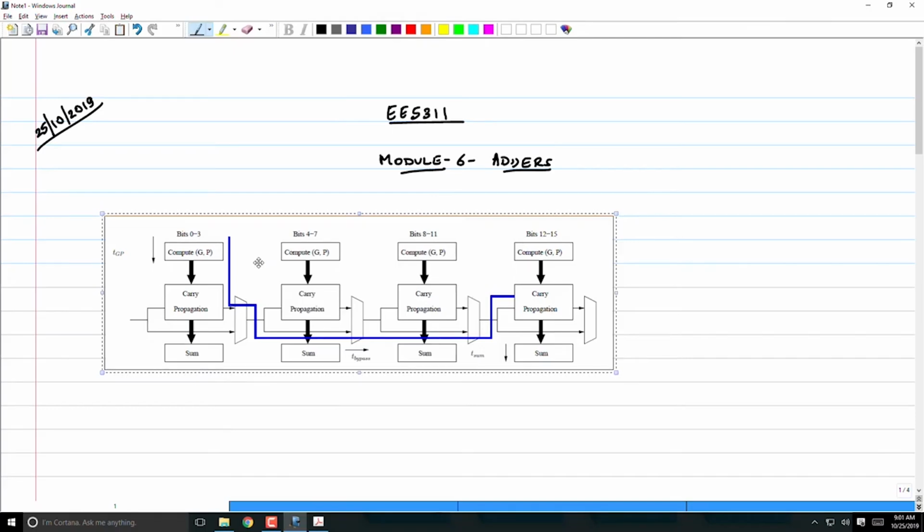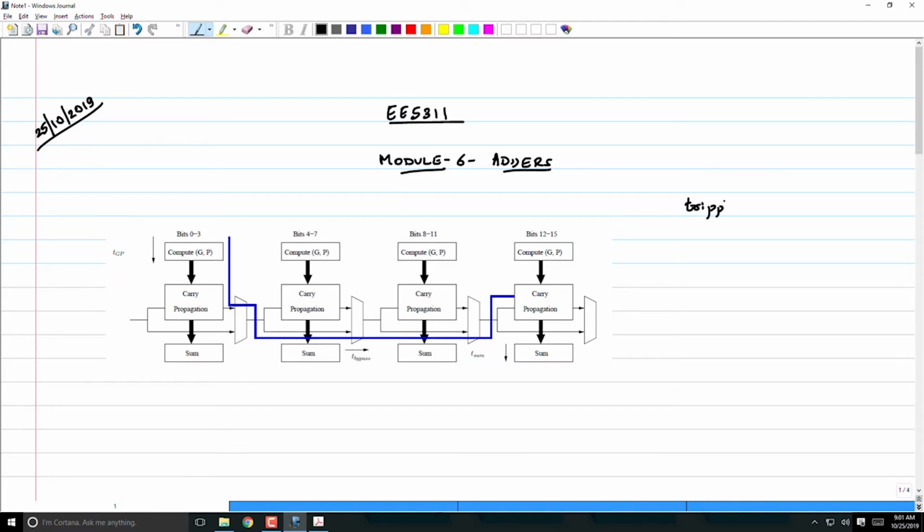So yesterday we started discussing various architectures of adders, which is the only way in which you can speed up the performance of an adder. Beyond a point, you can do circuit techniques to speed up a little bit, but beyond that point, the ripple delay is T sum plus n minus 1 T carry.